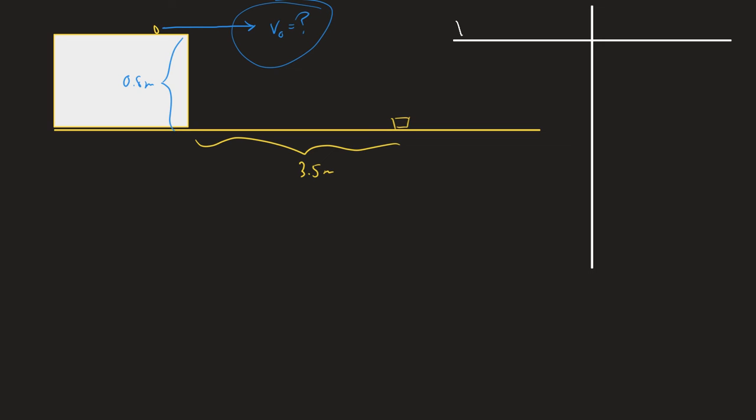And I said write vertical on one and horizontal on the other. The object's going to experience acceleration in the vertical dimension, so that's going to have the whole range of motion variables. But the horizontal experiences no acceleration, so fewer variables.